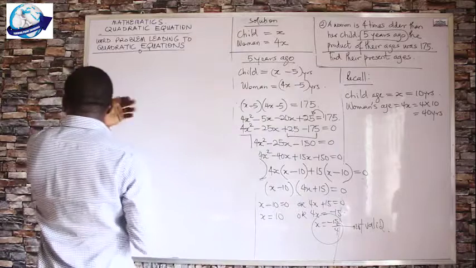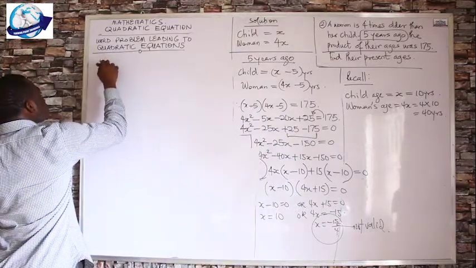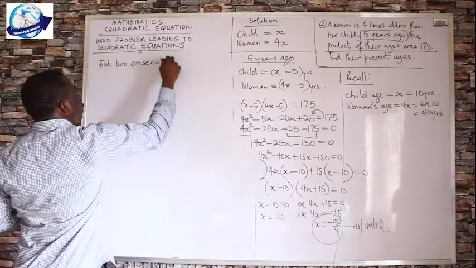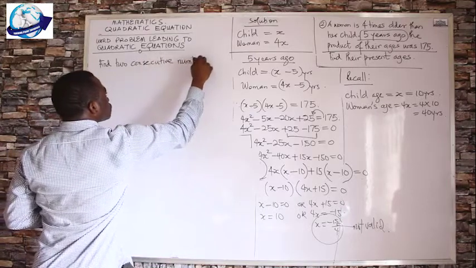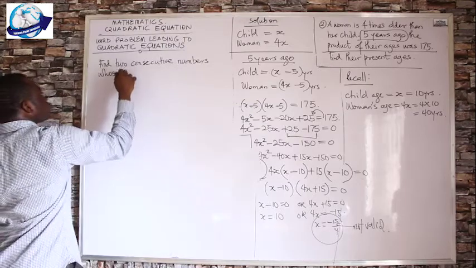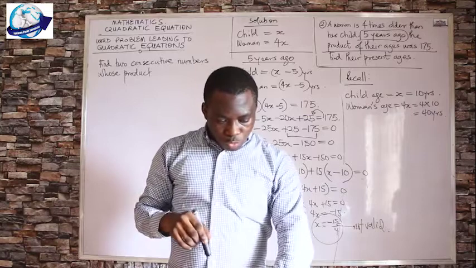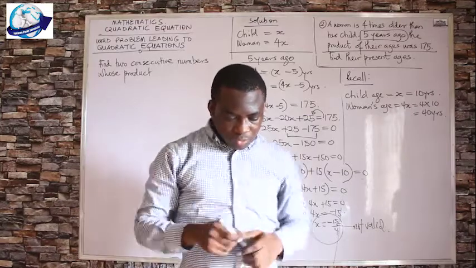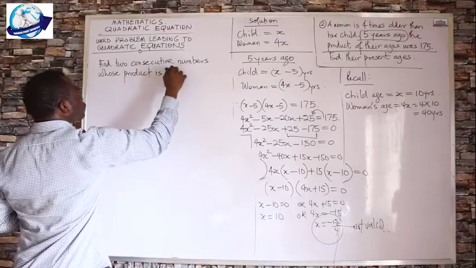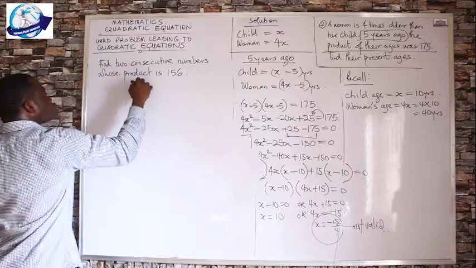Find 2 consecutive numbers whose product is 156. Okay, so I'll give the glimpse now so you know what to do from here.